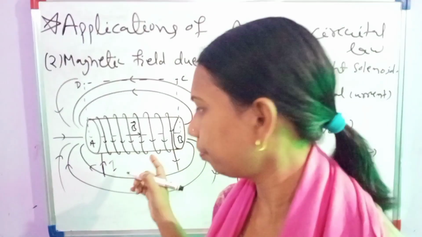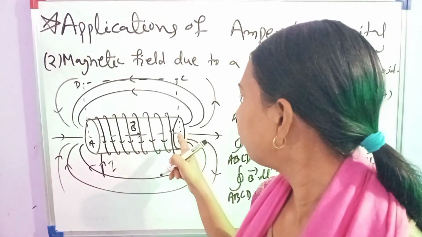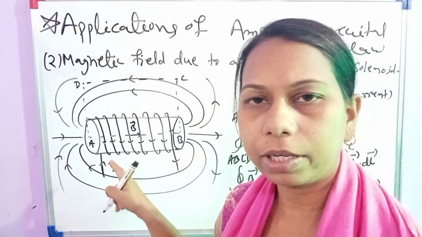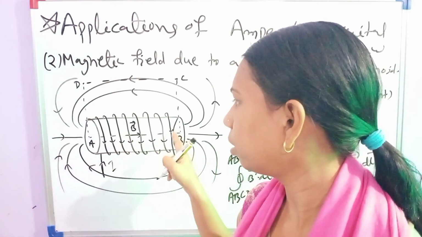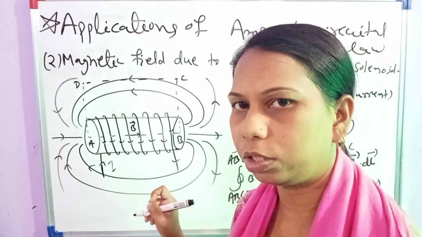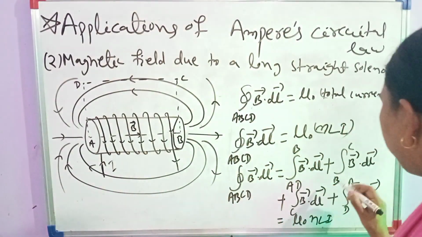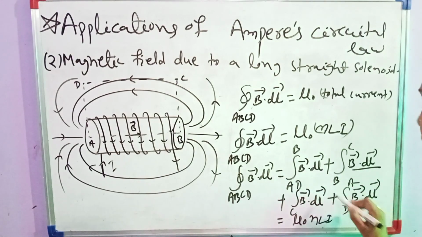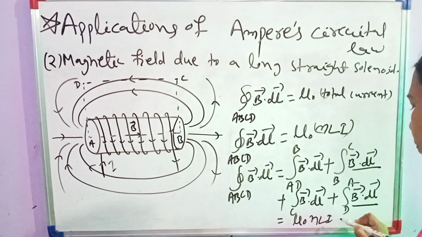Now look at the diagram. The arms BC and AD are perpendicular to the direction of magnetic field. So B dot dl equals B dl cos 90 degree equals 0. So the terms B dot dl from B to C and from D to A will be 0.